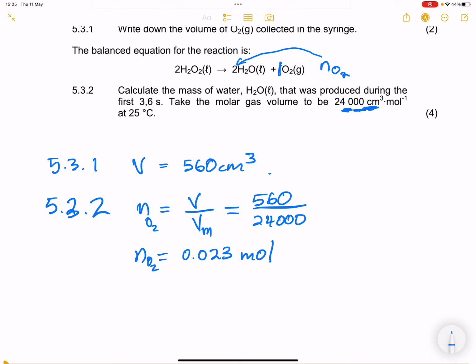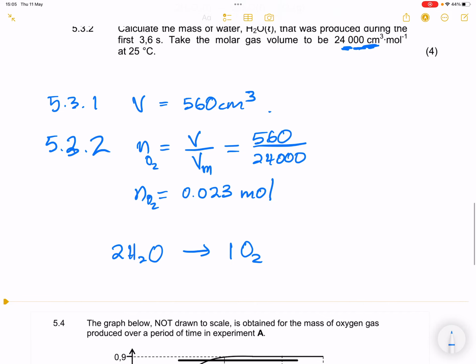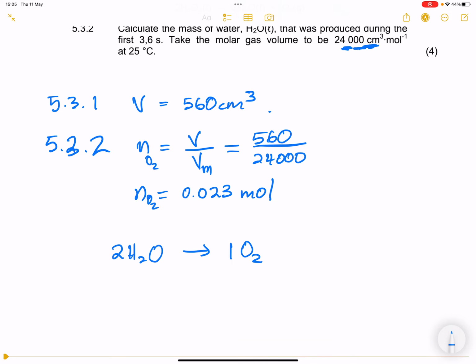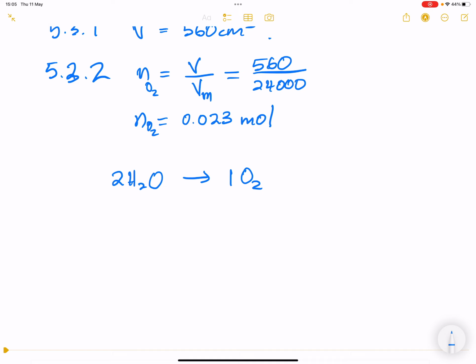But now what do I know? I know that for every 2 moles of water, I will get 1 mole of oxygen. That's from my reaction. So the question is, for how many moles of water will I get 0.023 moles of oxygen? And of course, you just simply cross multiply.